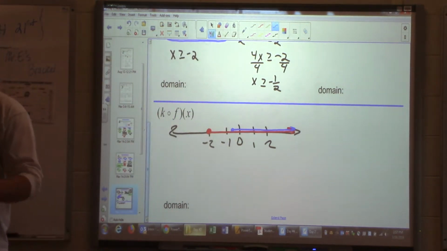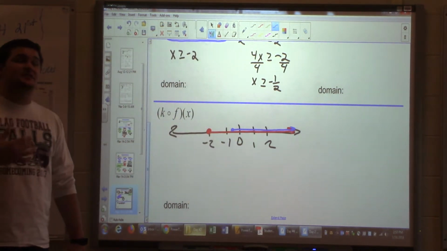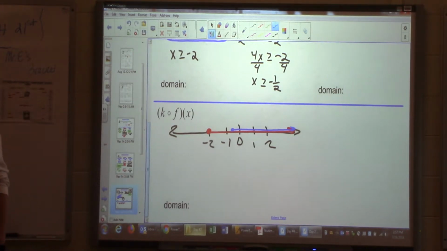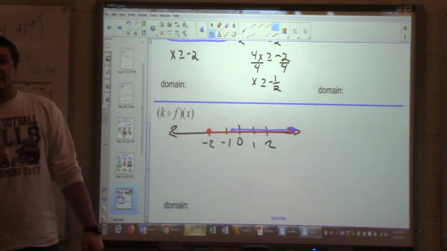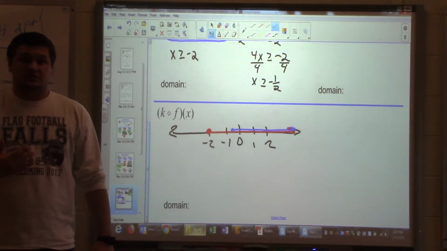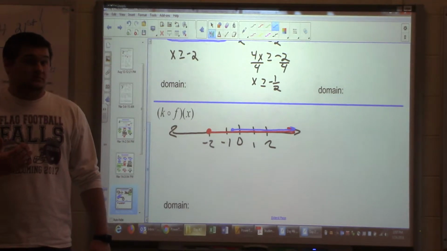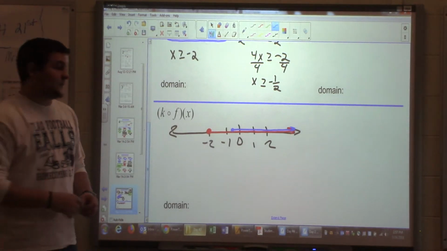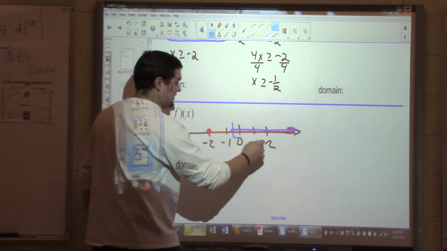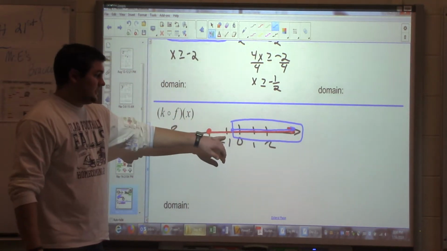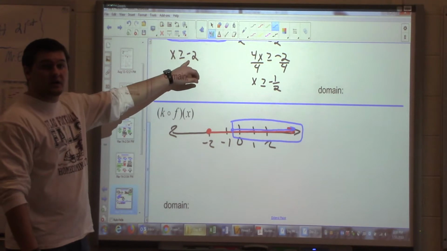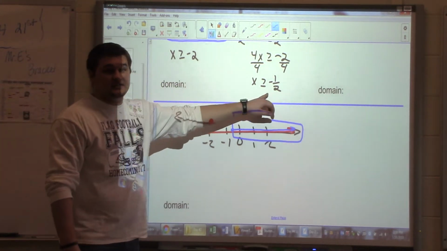So I need to figure out which of those inequalities satisfies both all the time, no matter what number I pick. In other words, which one is always in the overlap section? -1/2, right? The one that starts here is always in that overlap piece. If I pick -1, that satisfies the first inequality, but it doesn't satisfy the second one.